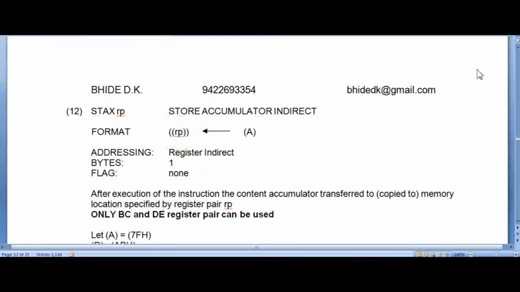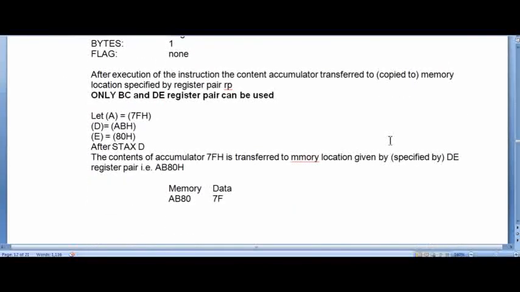Let's go for a specific example. Let A equal 7F, that means the number in the accumulator is 7F. D equals AB, and E equals 80. After STAX, that means store. What to store? The number from the accumulator is to be stored.